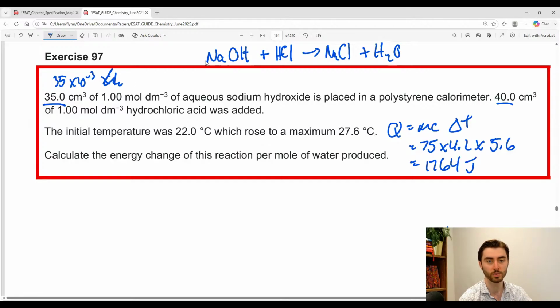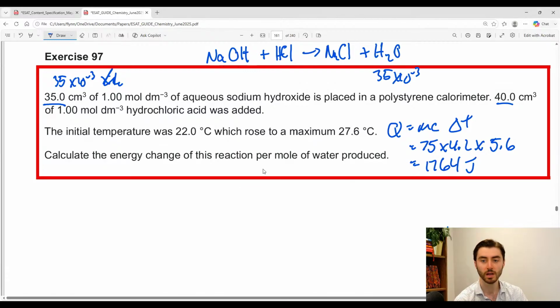So that's the number of moles of sodium hydroxide added. Clearly, there is less of the sodium hydroxide, so the HCl will be in excess. The sodium hydroxide will be the limiting reagent, and it will form 35 times 10 to the minus 3 moles of the water.